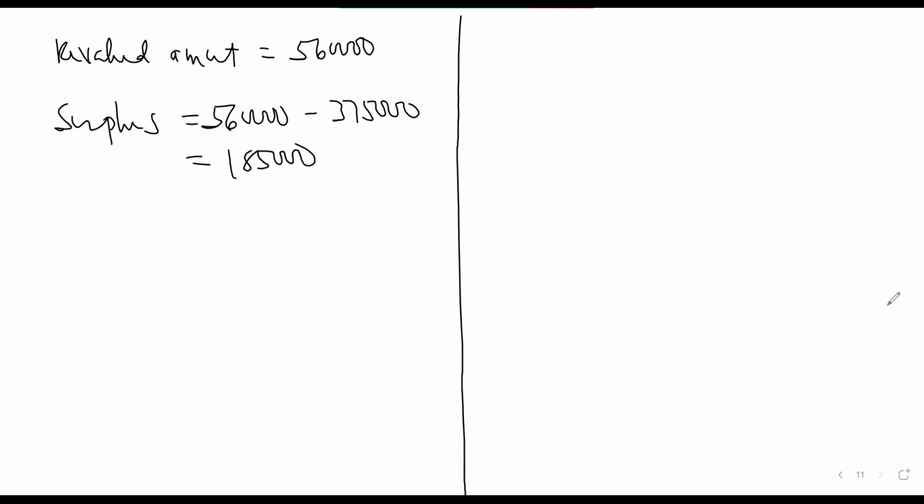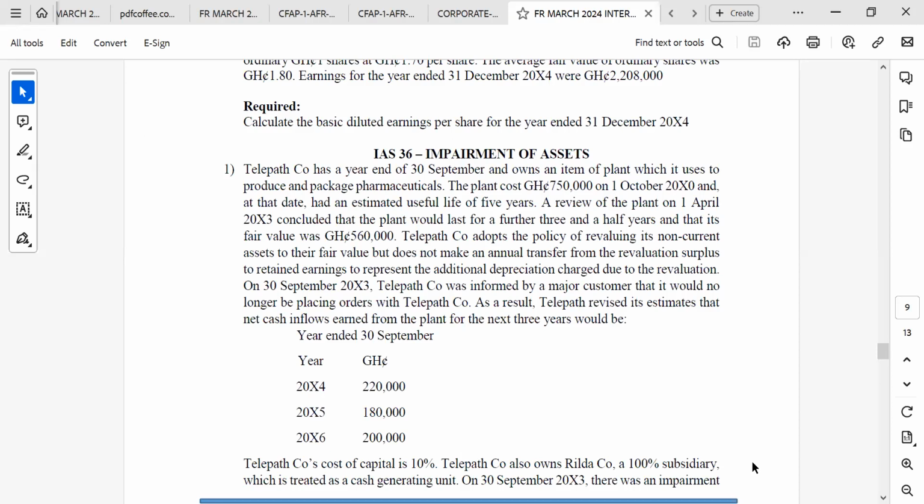Okay. Let's go to what the question is saying. On 1st April, conclude that the plant will last for a further 3.5 years, and its fair value was 560. So it means that what's supposed to be the remaining useful life of the asset?